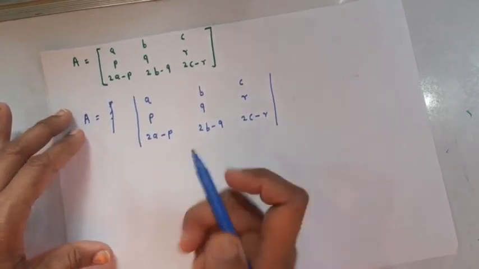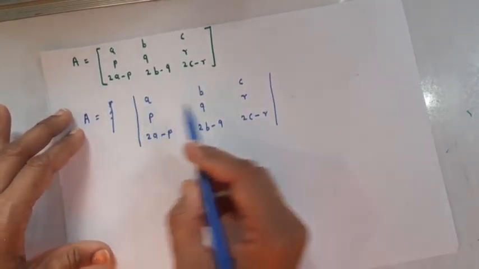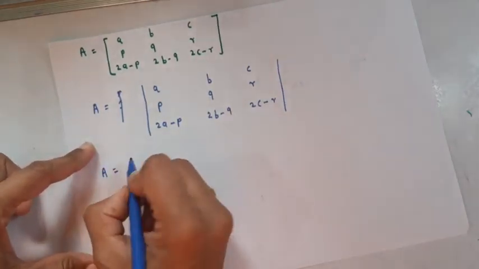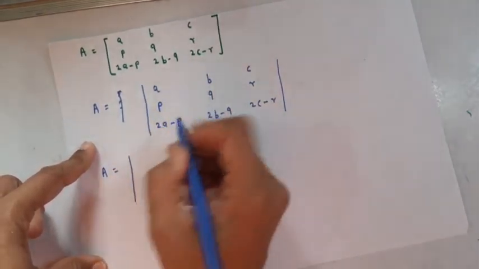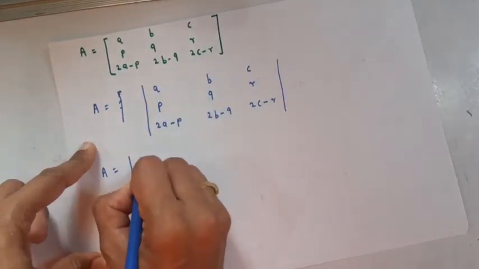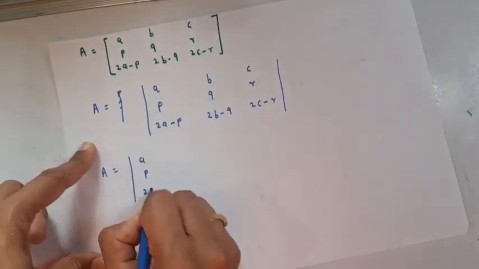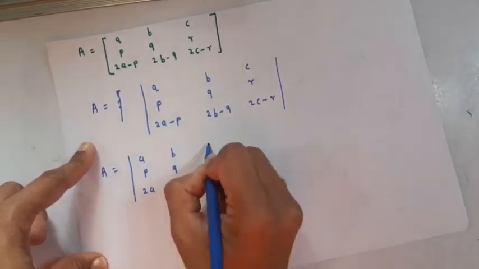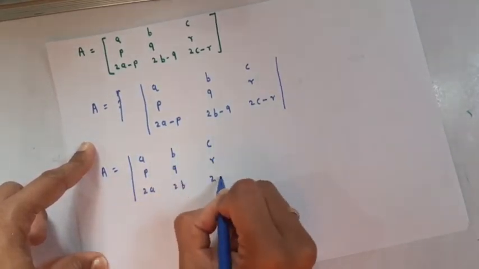Students, this determinant we can split into two parts. Determinant A equals the determinant with A, P, 2A; B, Q, 2B; C, R, 2C, plus another part.